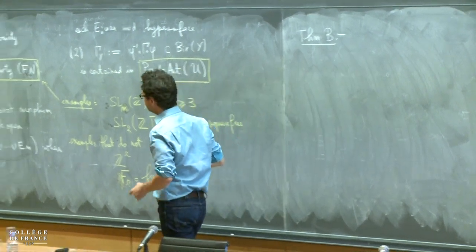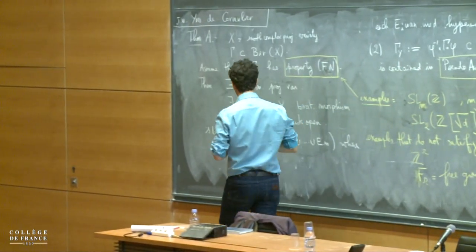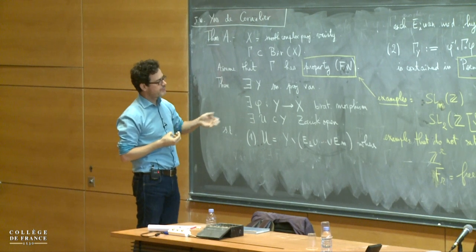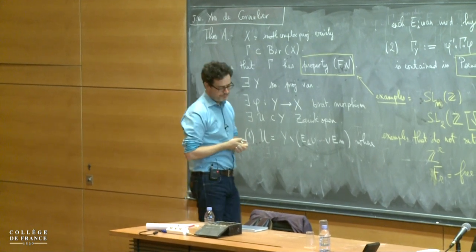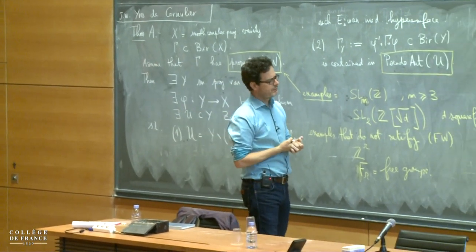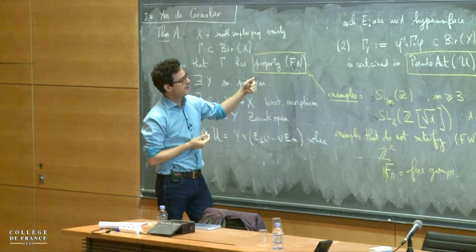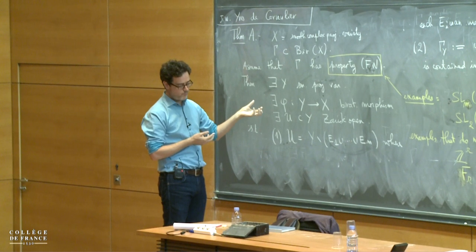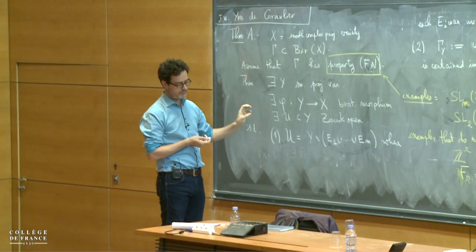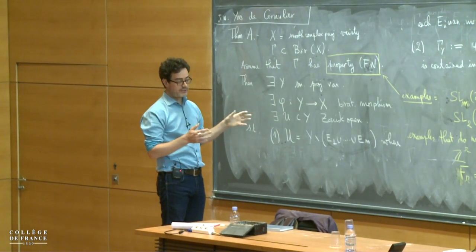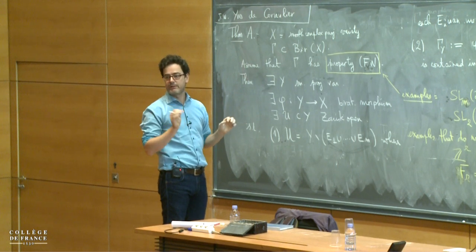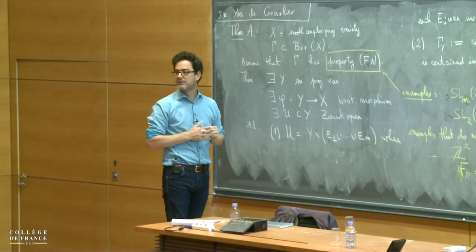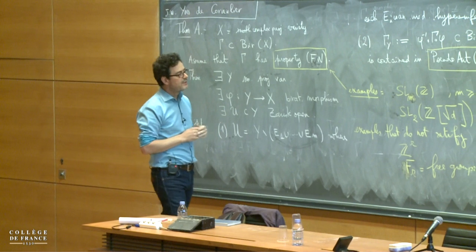is for surfaces. So I told you that pseudo-automorphisms of, maybe I didn't say it, but I say it now. Pseudo-automorphisms of projective varieties, for instance, that don't have isolated indeterminacy points. Okay, so that's a simple exercise.